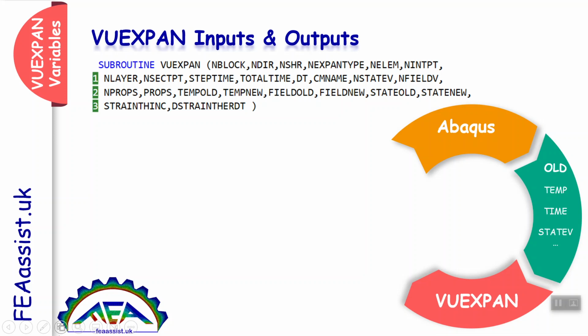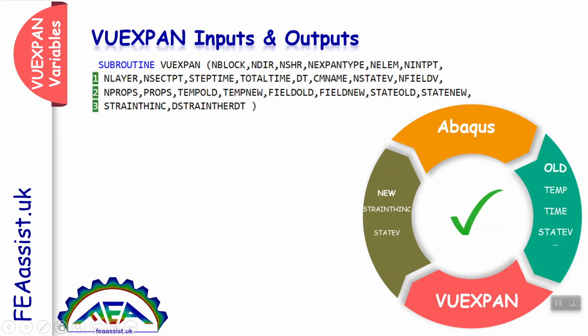In UEXPAN subroutine, we need to process these variables and compute new variables like strain increment, the thermal strain increment, state variables, and all the outputs, and return back these outputs in the Abaqus. Again, Abaqus uses these values to compute the new values for temperature, for time, state variables.